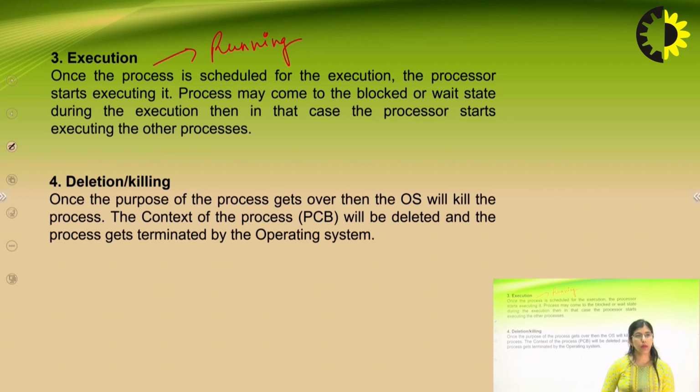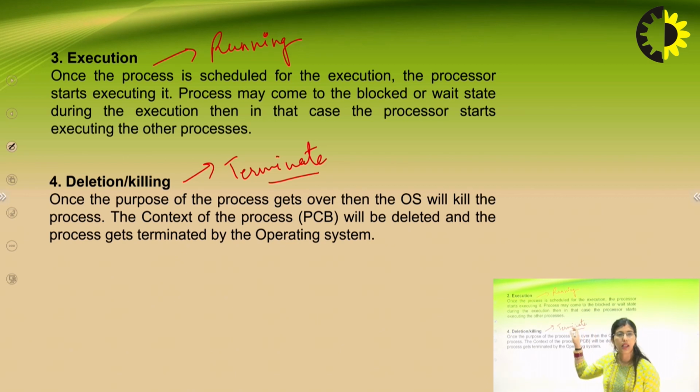The context of the process, that means the process control block or PCB, will be deleted and the process gets terminated by the operating system. So once the process has fulfilled its execution or its task completely, it gets deleted, and we call this the terminated state.